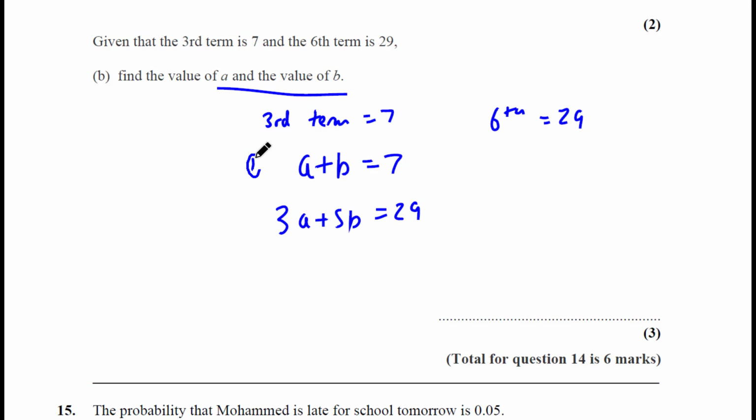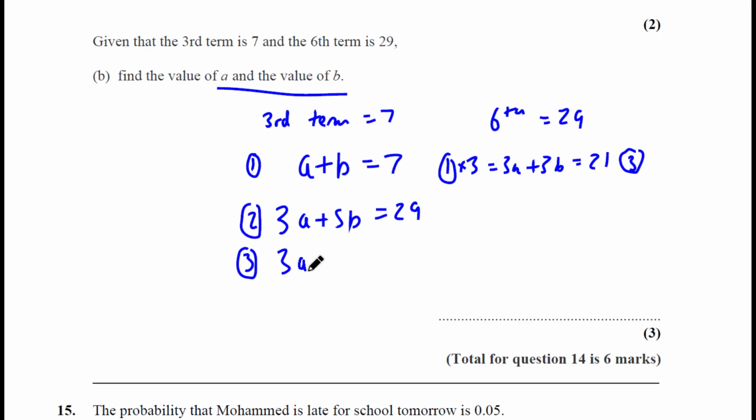If I label that 1, that equation 2, I'm going to multiply this one by 3. So 1 times 3 equals 3a plus 3b equals 21. And we're going to call that equation 3. So let's line this up nicely.